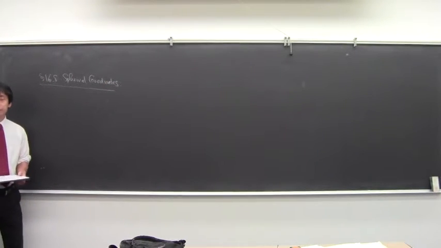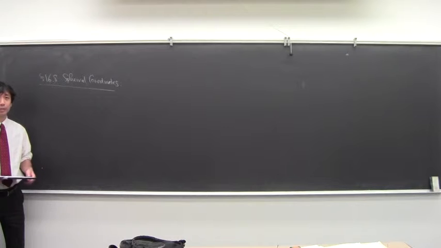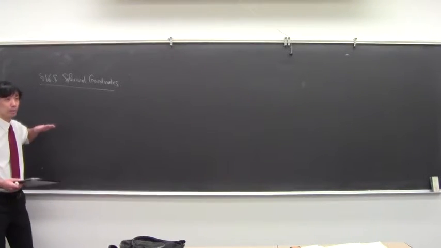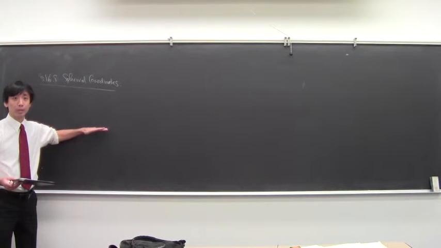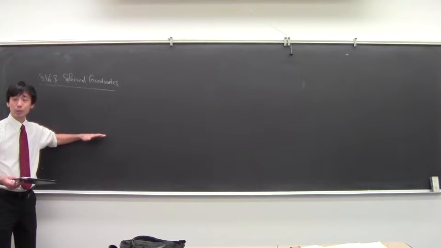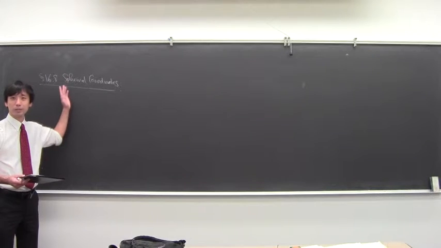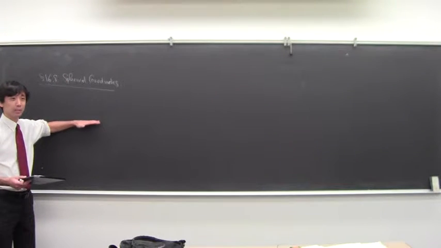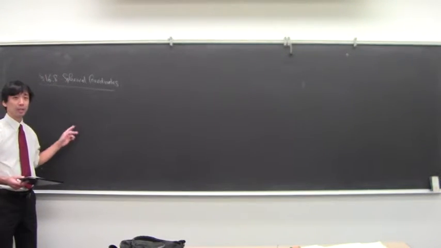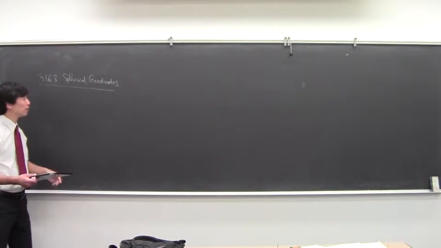Okay, so this is, again, another coordinate system that you're going to put on R3. Last time we had cylindrical coordinates, which turned out to be just polar coordinates combined with Cartesian coordinates. So you take polar coordinates in the xy plane and then Cartesian coordinates in the z direction.